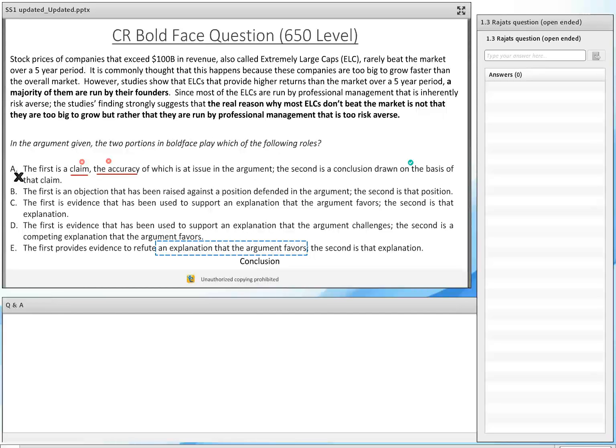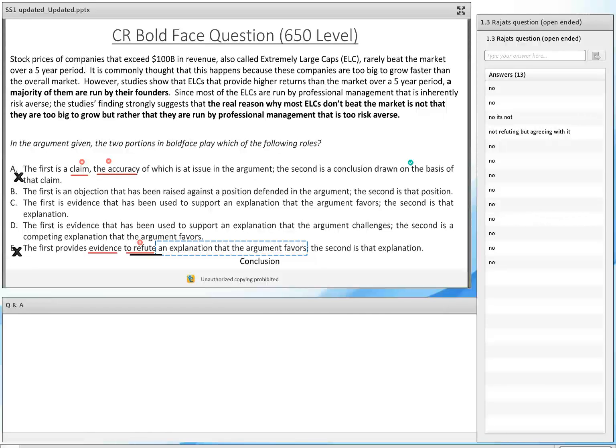So my question is, does the first statement go against the main conclusion? No. It actually makes it stronger. It strengthens it. It doesn't agree with it. Agreeing with it is something different. It actually makes it stronger. So because of this word refute, choice E is wrong. So A and E are gone.